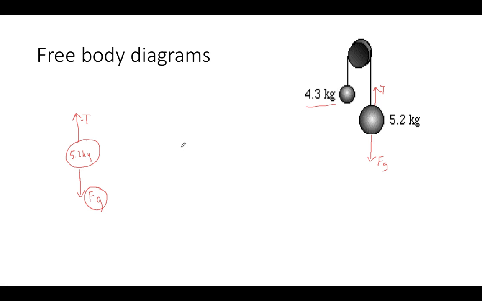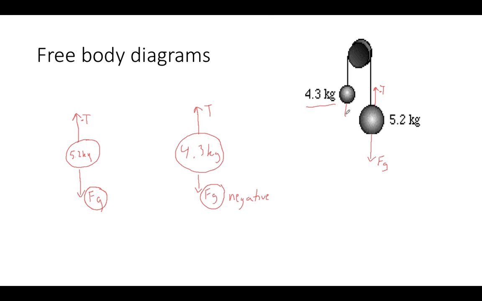So the 4.3 kilogram mass is going to have a force Fg pulling down on it as well, and it's going to have a tension force pulling it up. Now this Fg is considered to be a negative force.